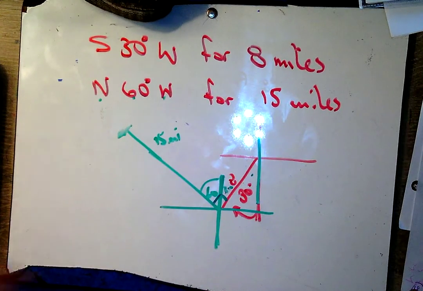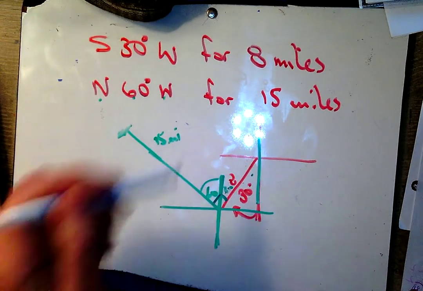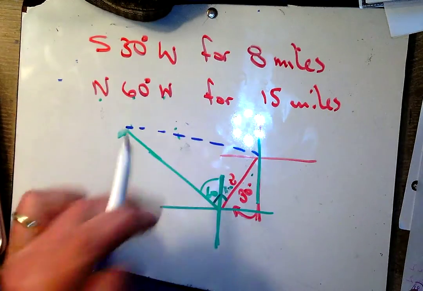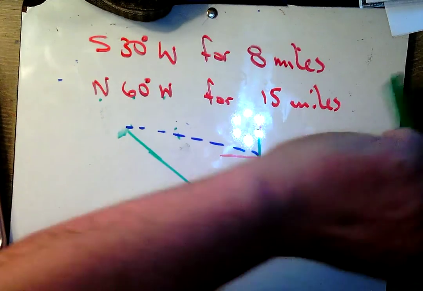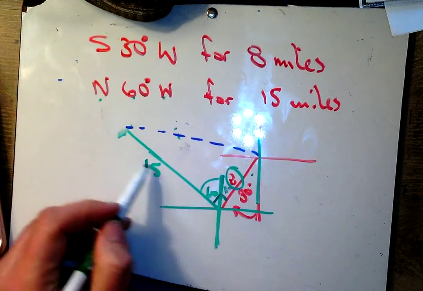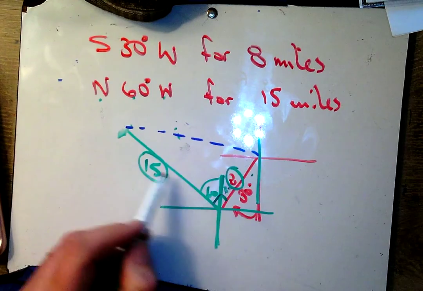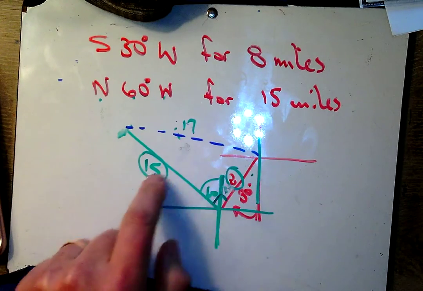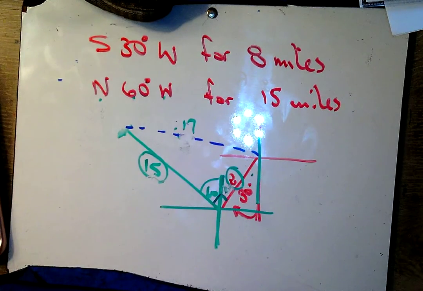And of course, if I'm looking to get back home, I'd like to know the distance. That's generally the easier question they're going to ask. And look, 8, 15, 17 is our Pythagorean triple, or you can plug these into the Pythagorean theorem and solve for this missing side.